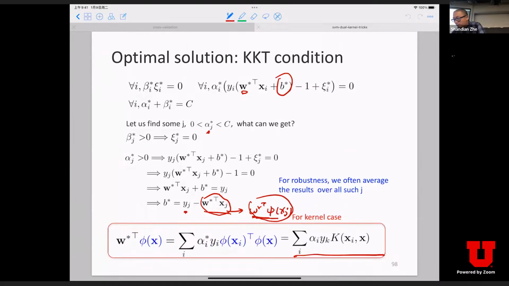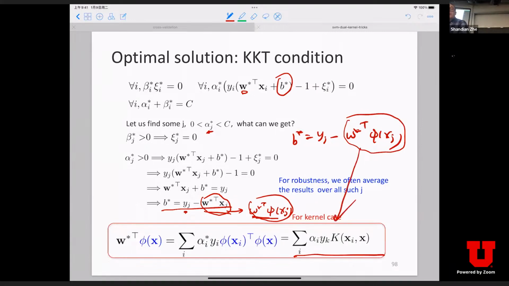If you want to find B star, you just need to figure out one alpha j star which is strictly between 0 and C. From what we have previously derived, we know what B star is. But in the mapped feature space, B star will be y_j minus W star transpose phi of x_j, where phi is the mapped feature space. The key observation is that this dot product never needs to be computed explicitly.